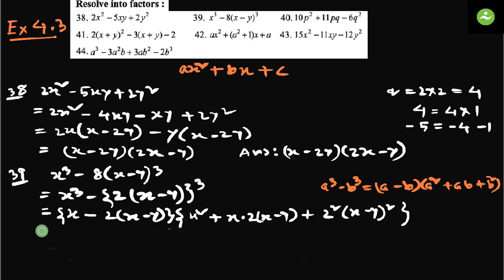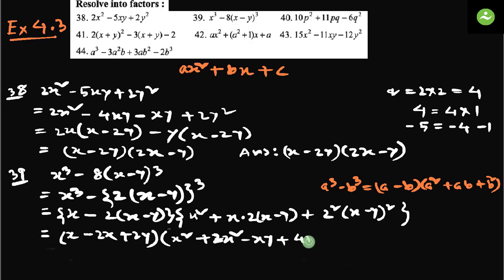Now let us just do the simplification. x minus 2x plus 2y, plus 2y, and then x squared plus 2x squared minus 2xy plus 4 into x square minus 2xy plus y square.